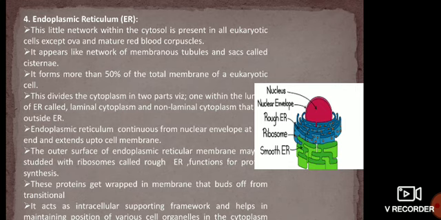This divides the cytoplasm into two parts. One within the lumen, called the luminal cytoplasm, and the other is the non-luminal cytoplasm that is outside the endoplasmic reticulum.